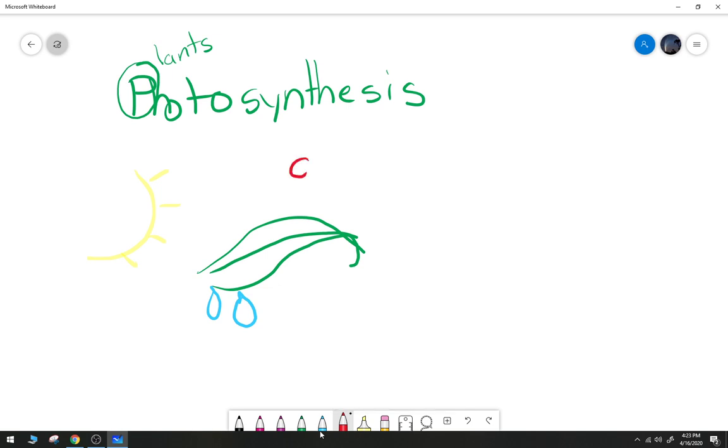Okay. Carbon dioxide. It's a gas, so I'm going to do something like that for a gas. So in order for a plant to do its photosynthesis, it needs to take in carbon dioxide, water, and sun.